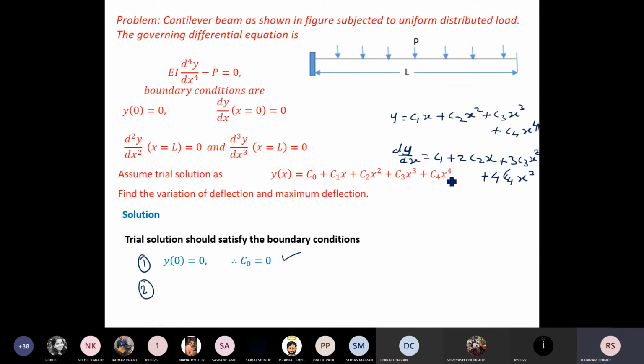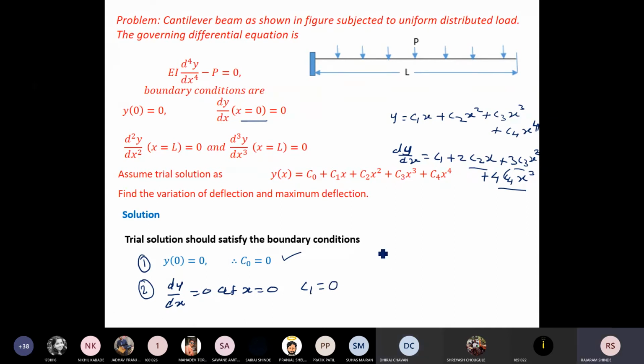Now this is your derivative of the trial solution, and that derivative is 0 at x is equal to 0. Now when we put x is equal to 0 in this equation, what will we get? dy by dx is equal to 0 at x is equal to 0. Now you tell me what you will get from this. C1 is equal to 0.